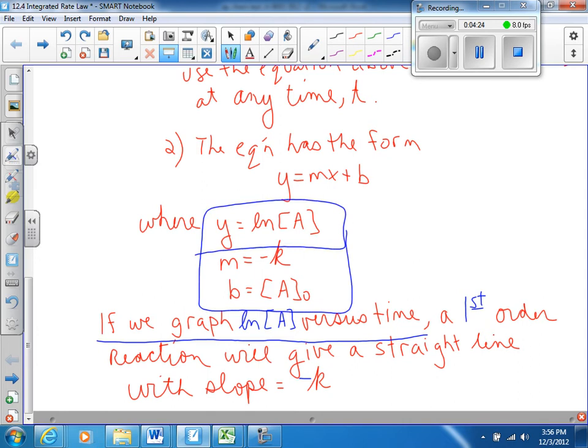So if we plot ln[A] versus time, y is ln[A], x is time, we'll get a straight line if the reaction is first order, and the slope of that straight line will be -k. So if we calculate the slope, take the opposite of what we get, we've got the rate constant.